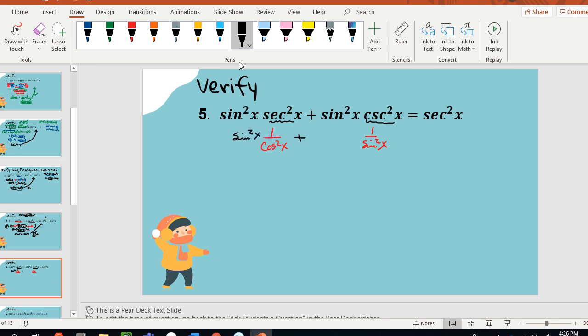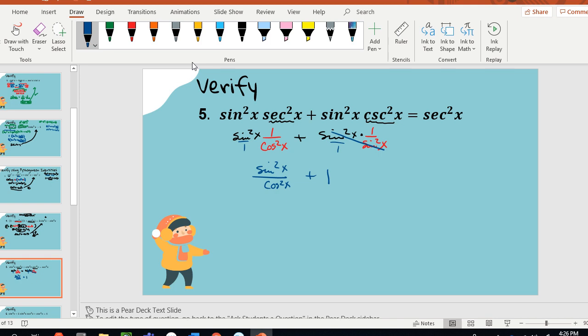Sine squared x plus sine squared x times. Okay, now when you look at this, what's really cool is that you're going to notice these two cancel. If you want to put this over 1 and just multiply straight across, you end up with sine squared x over cosine squared x. And then this all went to 1 because it canceled.